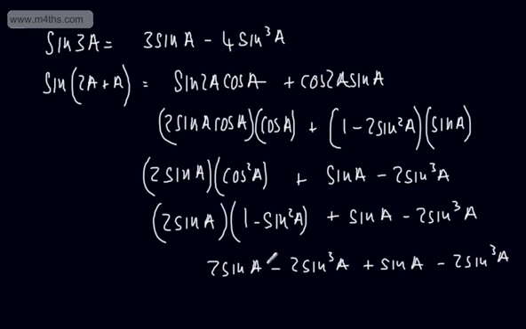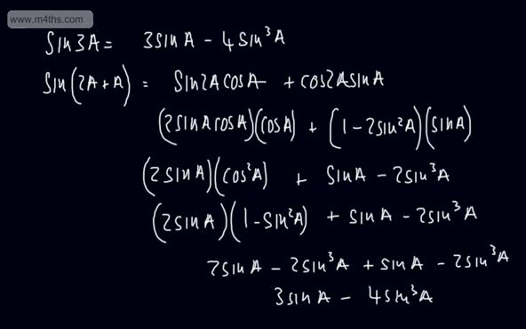So we end up with our 3 sine a minus the 4 sine cubed a as required. So in an exam you wouldn't do all of these steps necessarily, and there are alternative and quicker ways to do this if you understand work beyond this particular level. But in terms of doing it with what we have, this would be one way to show it.